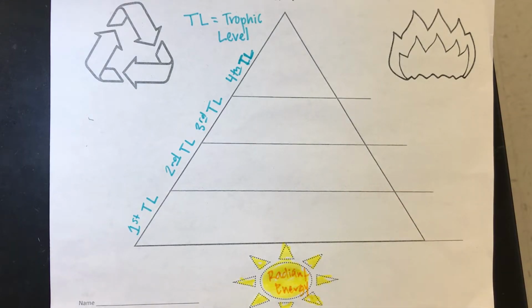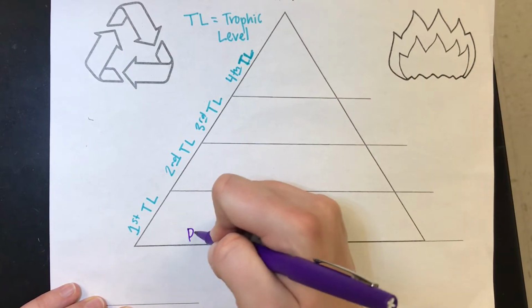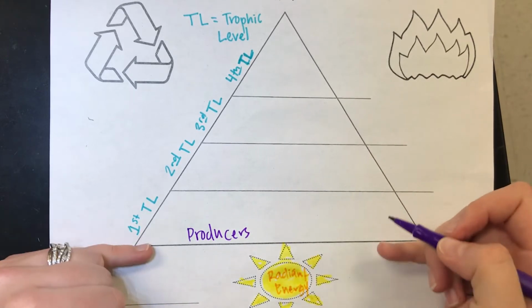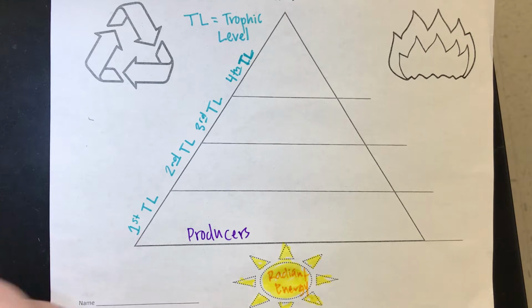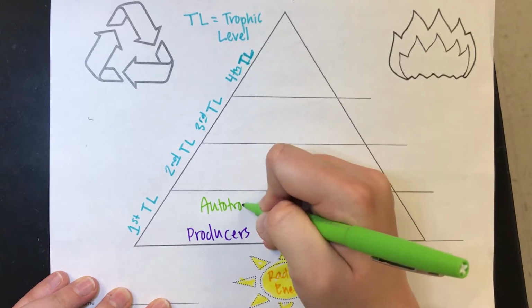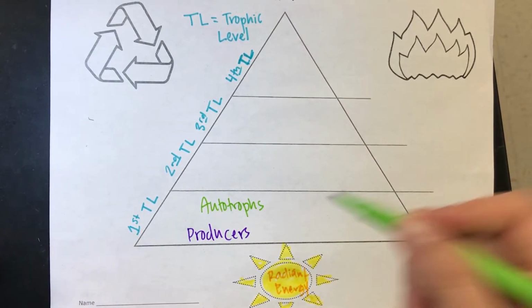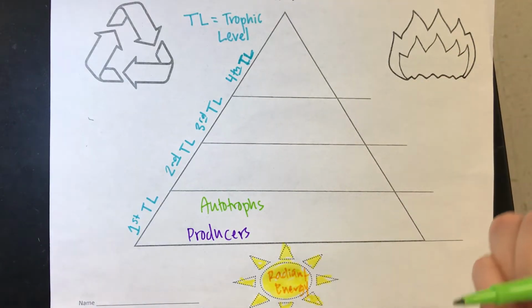Now, since the first trophic level gets energy from the sun, we call those producers. Or we call the organisms that are found on this first trophic level producers. Another name for producers is autotrophs, which, as we discussed in our previous notes, autotrophs automatically convert radiant energy into chemical energy.